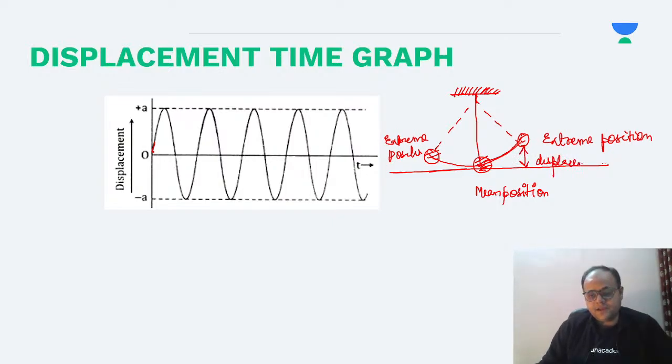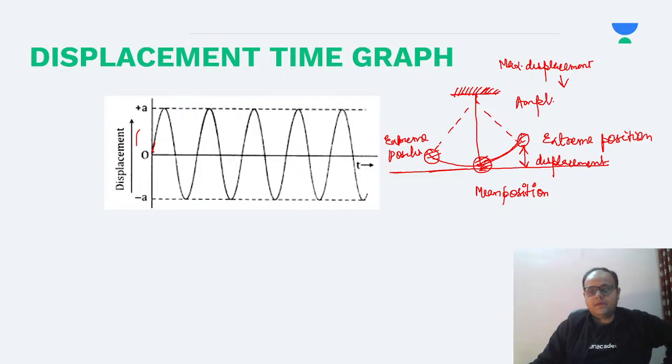In case of a simple pendulum, and we'll be studying it in detail in simple harmonic motion, the maximum displacement is the amplitude. The maximum displacement that you talk about is the amplitude.